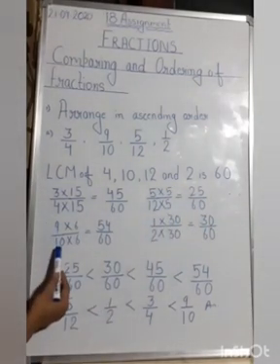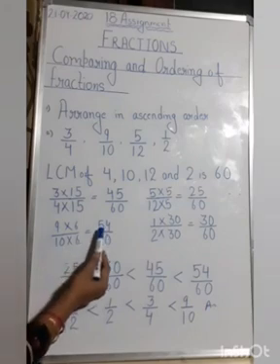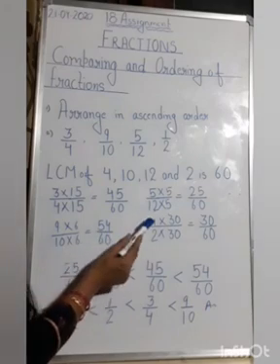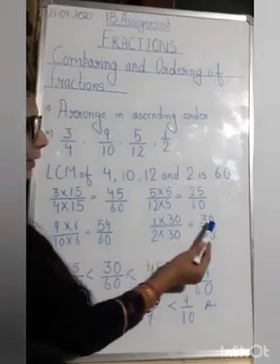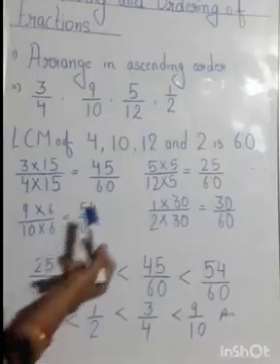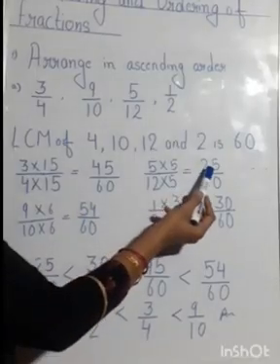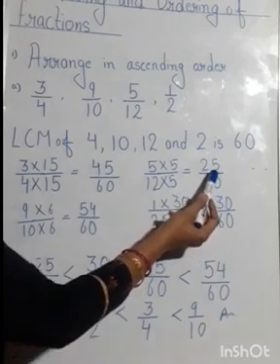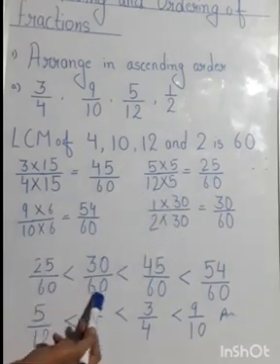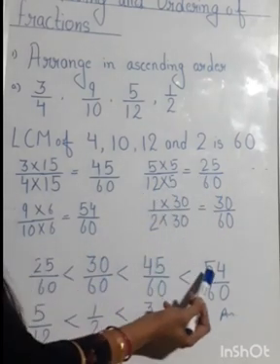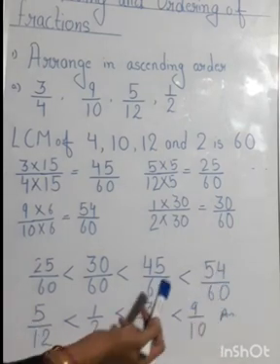Similarly 9 by 10 I converted and it is 54 by 60, and 1 by 2 is 30 by 60. Clear? Now I have written these fractions 25 by 60, 30 by 60, 45 by 60 and 54 by 60 in ascending order.